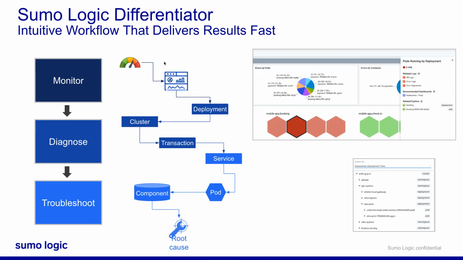Monitoring, once again, is very easy to set up: a chart or graph that turns a certain color, or sends an alert when something goes wrong. But as we want to dig deeper, we need to go deeper into the data. We need to get into the deployments, down to the cluster level, ultimately to the pod level, and then components. And we're going to discuss utilizing root cause in just a few moments.